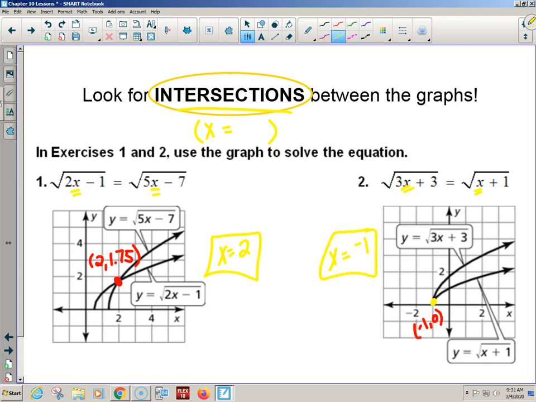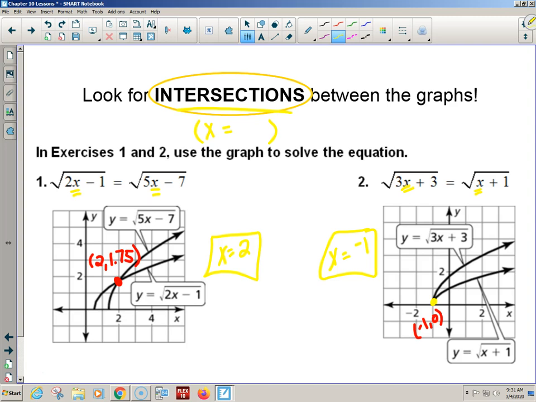Now, do you guys want to just see a peek at what's coming? We have 1 more minute until we go to the homework. What's coming is not just using graphs to solve, but using our algebra skills to solve. Question. Are these radicals by themselves on each side? On this side, is this radical alone? Is there anything else outside?